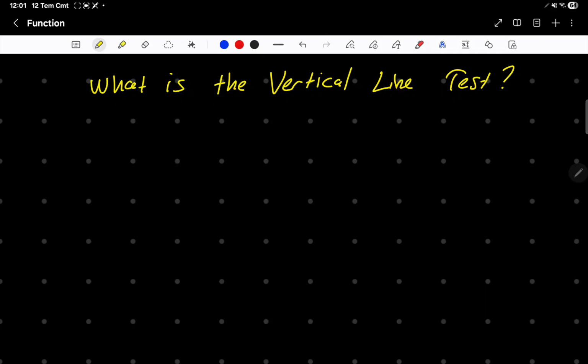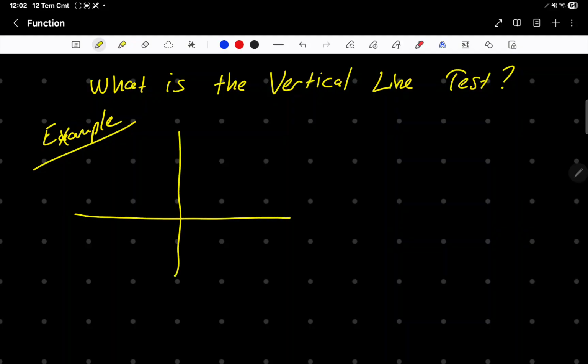Let's look at an example. This is a straight line on the X, Y axes.